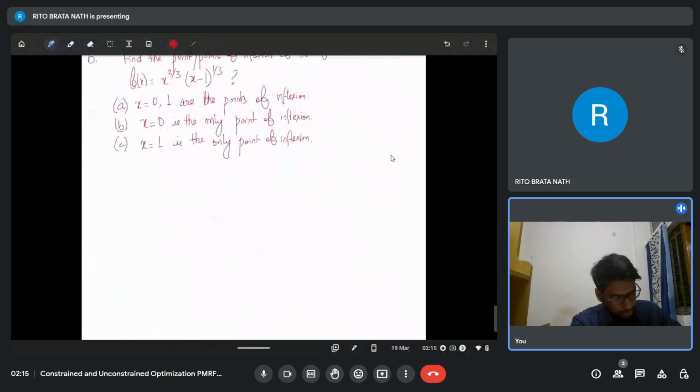And finally, option D is neither x equals 0 nor x equals 1 is the point of inflection.